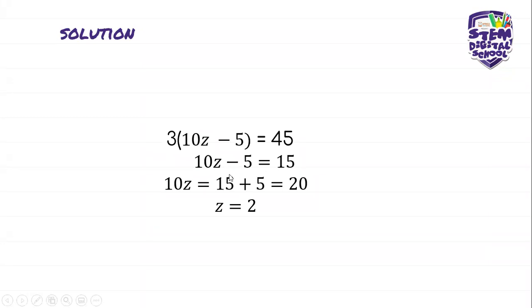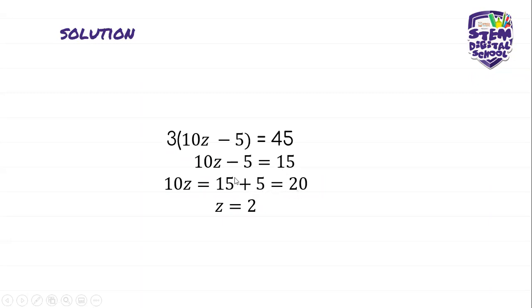And remember to transpose the negative 5 from the left-hand side to the right-hand side. And then it will change the sign. It will now be a positive 5. So hence we have 15 plus 5, which is 20.